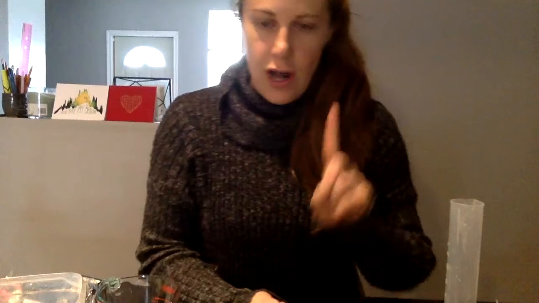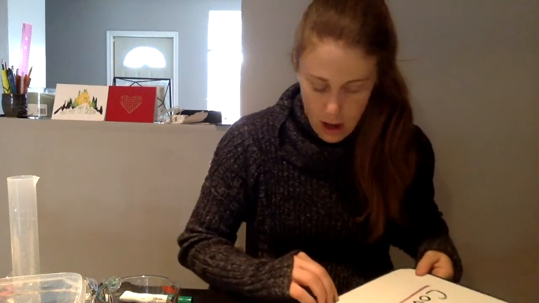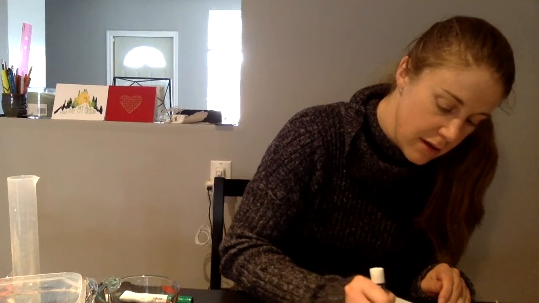I'm just going to grab my whiteboard so I can write down our result. All right, so I've got my whiteboard and I'm going to write down our results for our uncovered container. We don't even have to do any math to figure out how much water is left in that one this week. We know that there is just 50 milliliters of water. Okay, I'll pour the water back in that container.